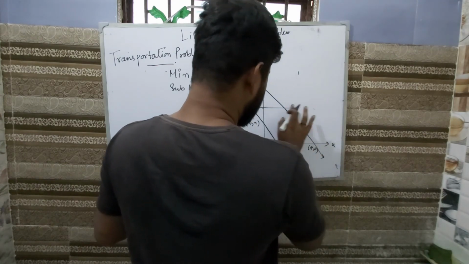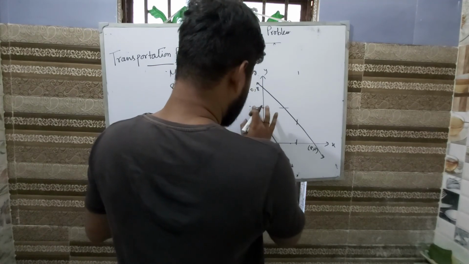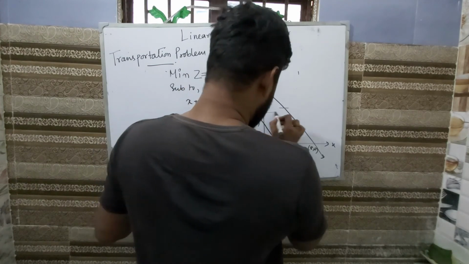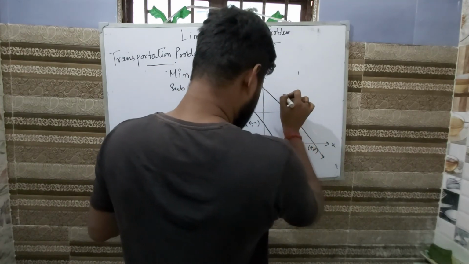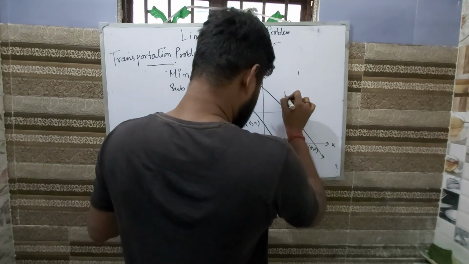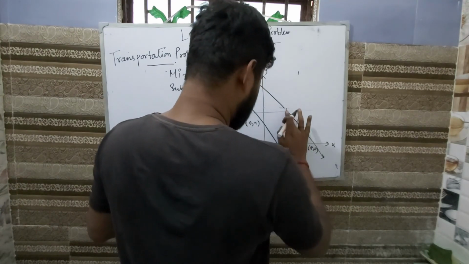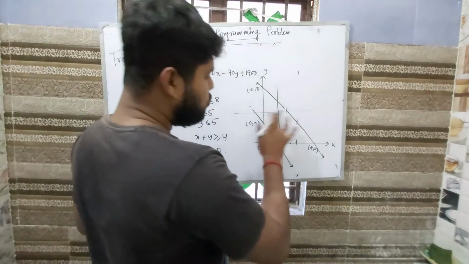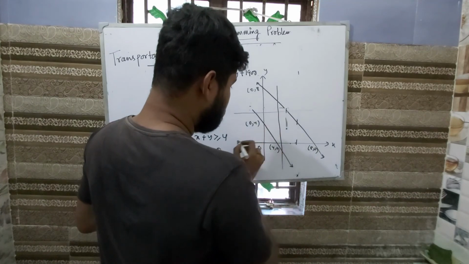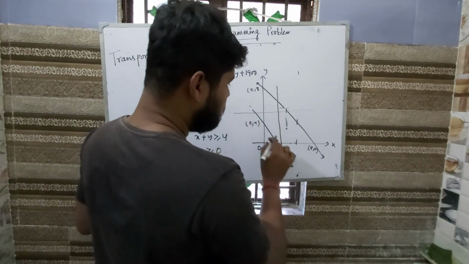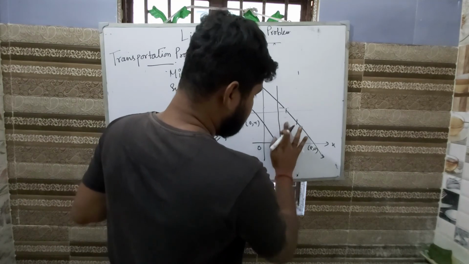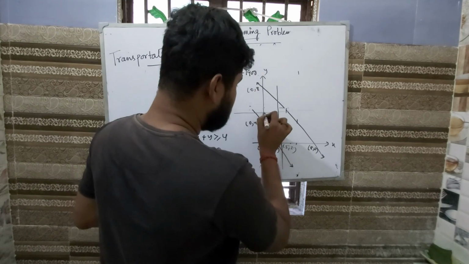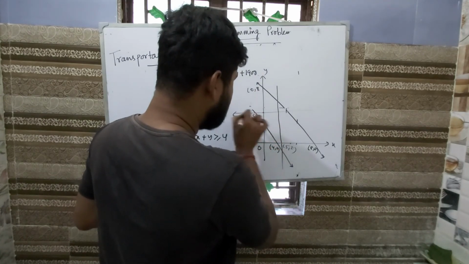No, it can't be. Something like this. It should be a square, but the figure went a little bit different. So this is 5,0, this is 0,5.